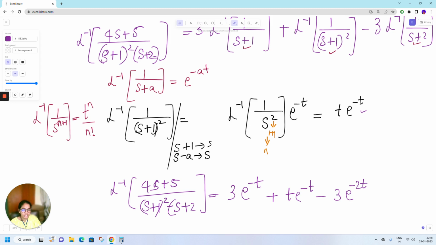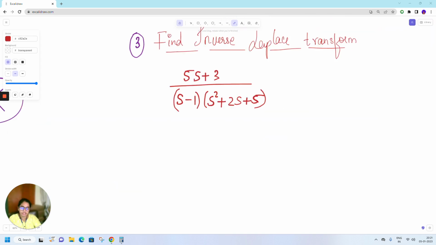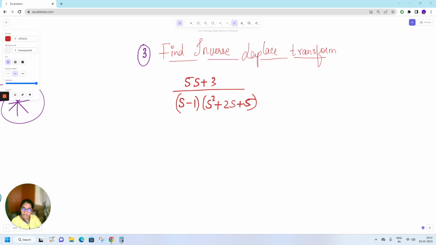Okay. So yes, moving on to our next question, that is, find the Laplace inverse or inverse Laplace transform of (5s plus 3) divided by (s minus 1) into (s square plus 2s plus 5). What is the first step?